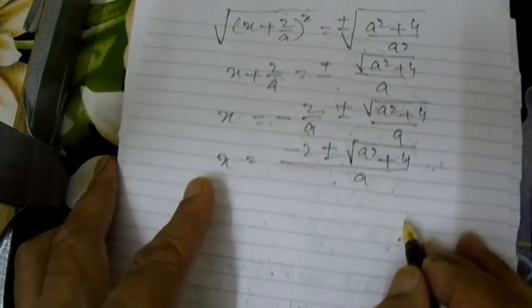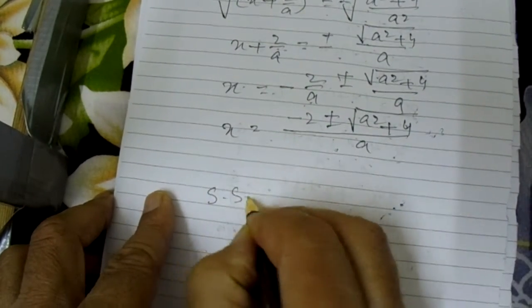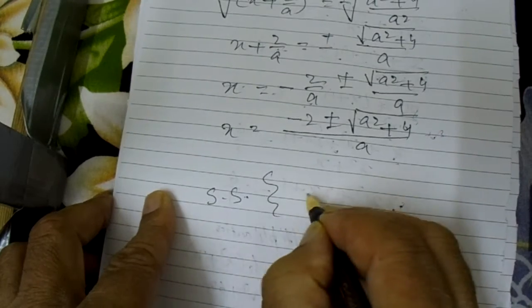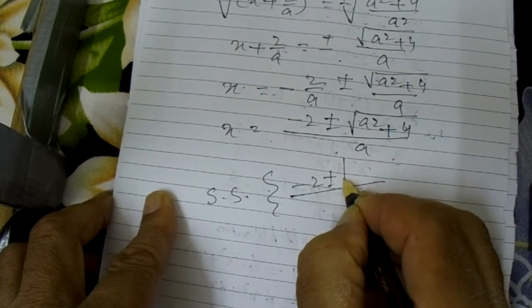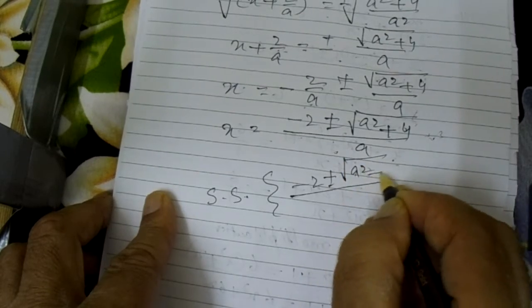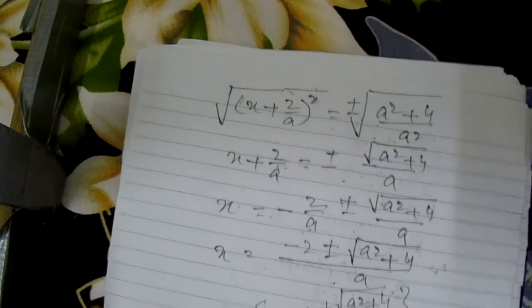Now it is the solution of this question. We write in the solution set: minus 2 plus minus under root a square plus 4 over a. Now it is the solution set of this question.